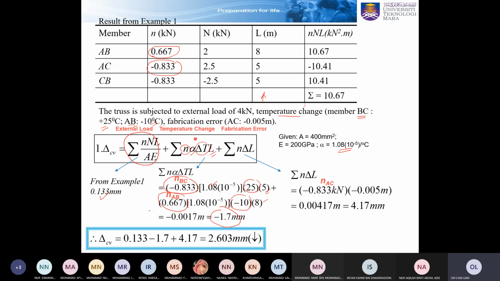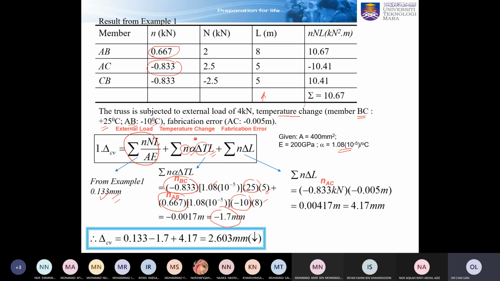Then check with this loading: due to the loading of 4 kilonewton, it deflects only 0.133. But due to this temperature, it added some deflection here, in the opposite way, 1.7 mm. Therefore, these changes are considered significant and need to be considered in the truss analysis.